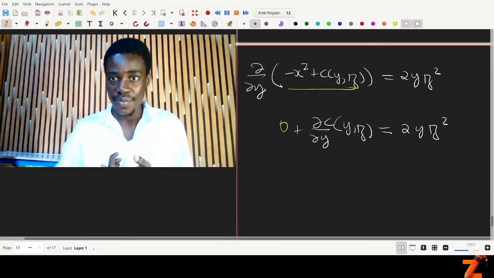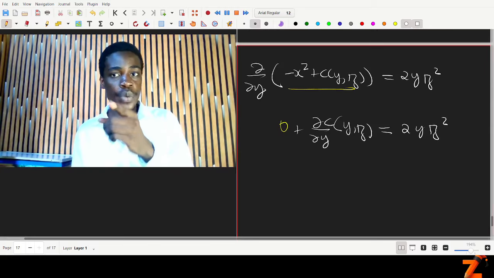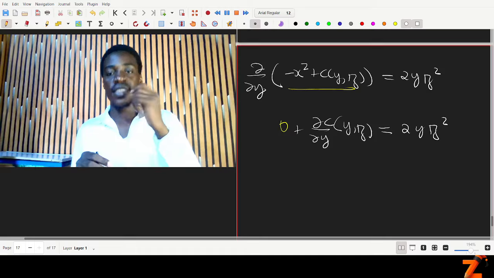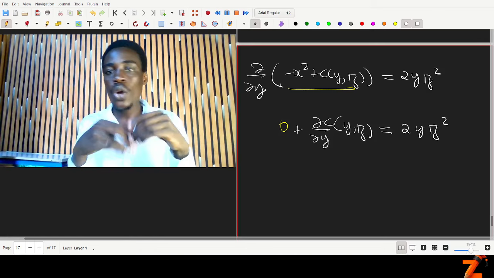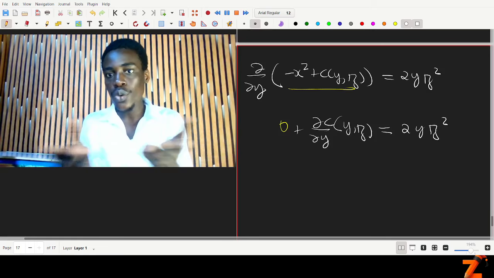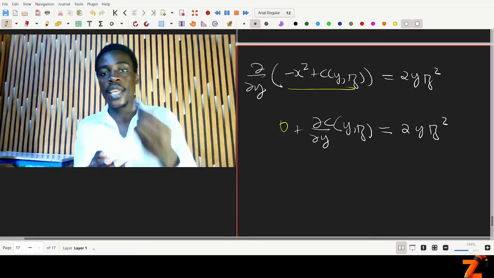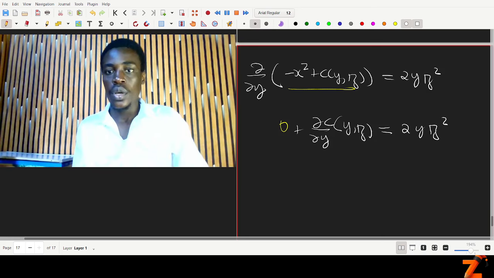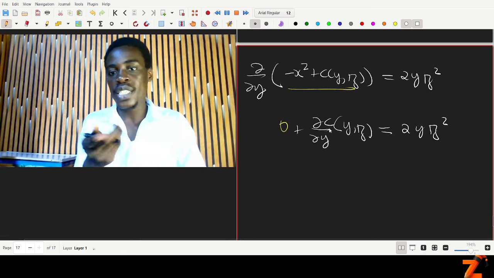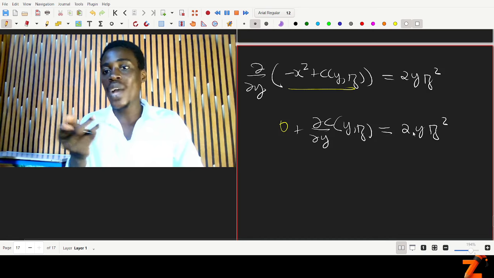So what is c? I said, remember previously, that c is going to be calculated, because I don't know it. The goal here is to find c. So here I have the derivative of c with respect to y, which is equal to 2yz squared.